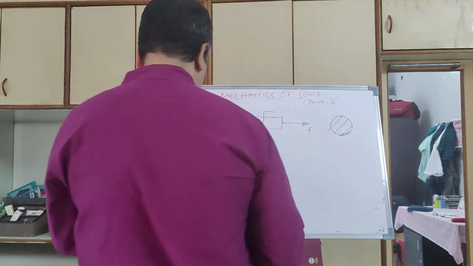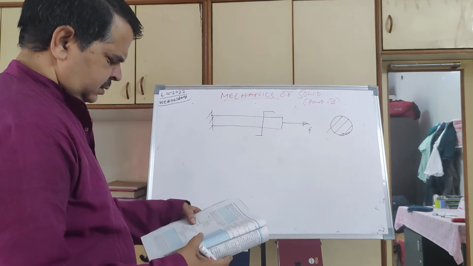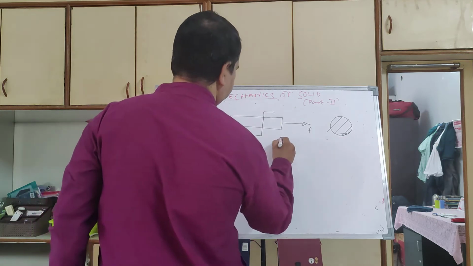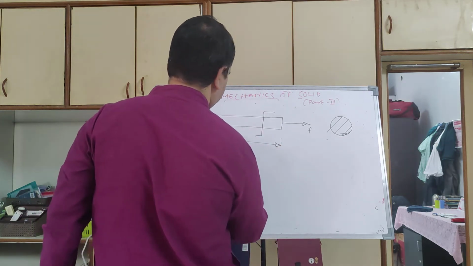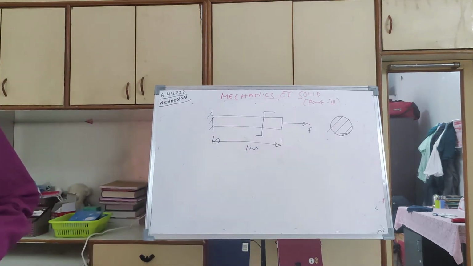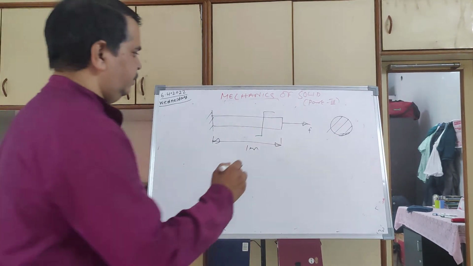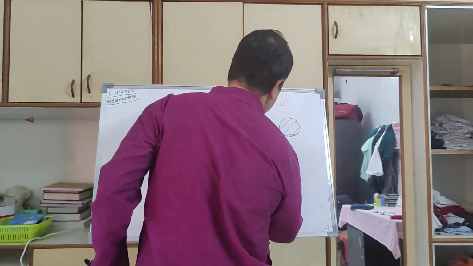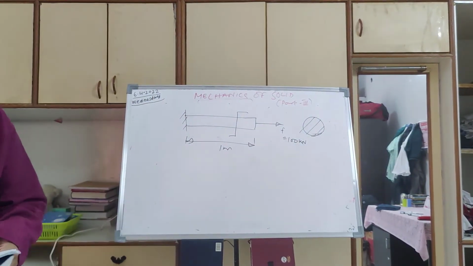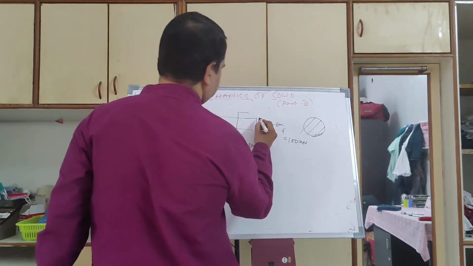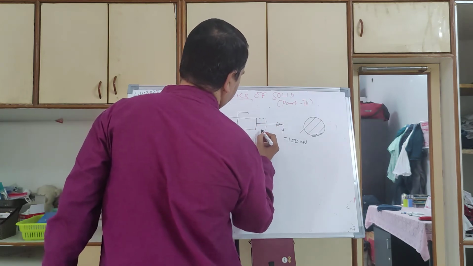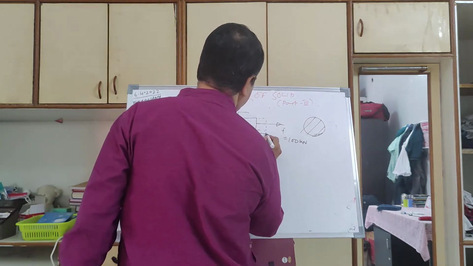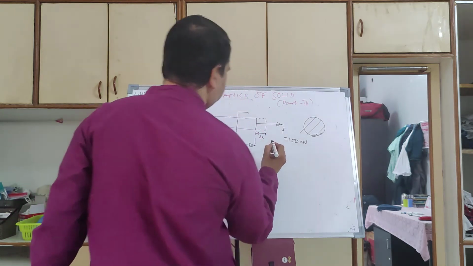The length of the rod is 1 meter, and you are applying a force F equal to 100 kilonewton, which stretches it. So it will get stretched by some amount. Let the length be 1 meter and let the elongation be del L, which is unknown now.